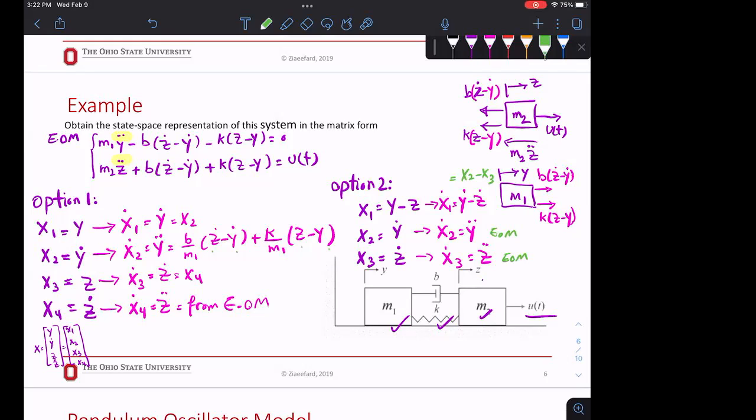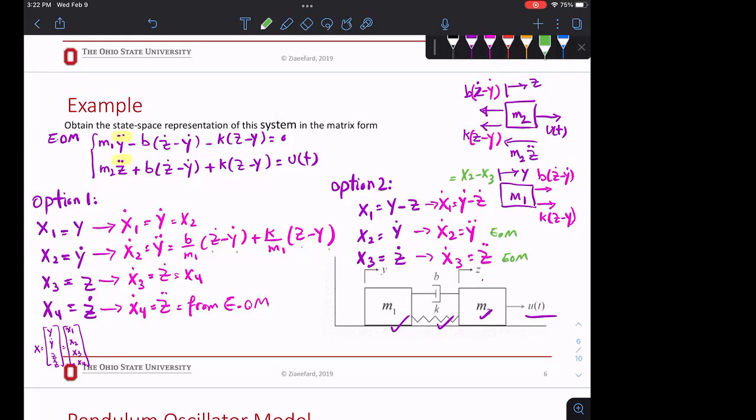Yes. Are we losing any information by combining the y? No, you're just saying that y minus z is relative. They're moving together, right? So at the end of the day, if you want to track, you're going to say that the position, these 2 are moving together. That's all. The information you lose is how much M1 is moving separately from M2.